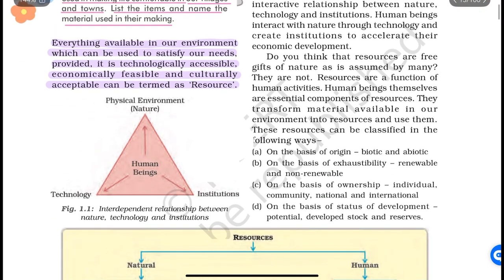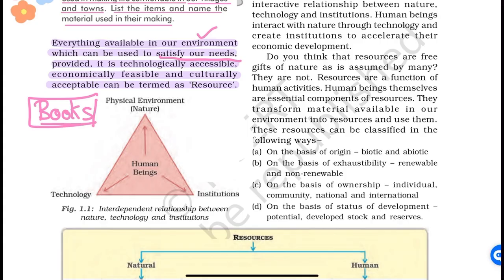Like books. They are available in our environment. They satisfy our needs.